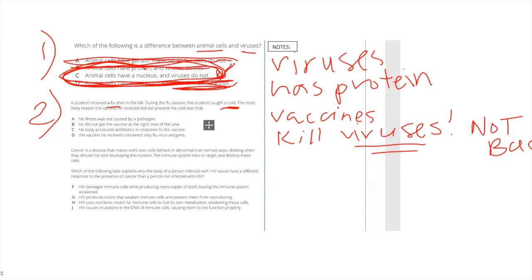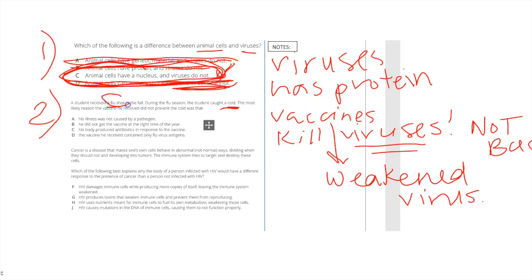Okay? They prevent it by putting a little bit of the weakened virus into your body. So if they only put the weakened flu, but they didn't put the weakened cold, then it's not going to fight against the cold.